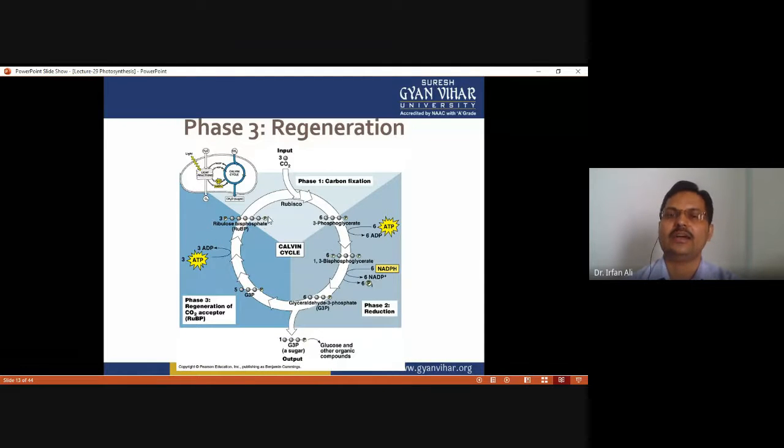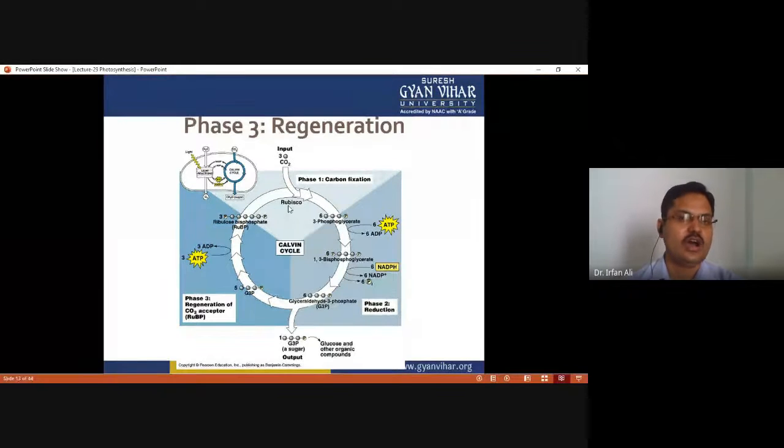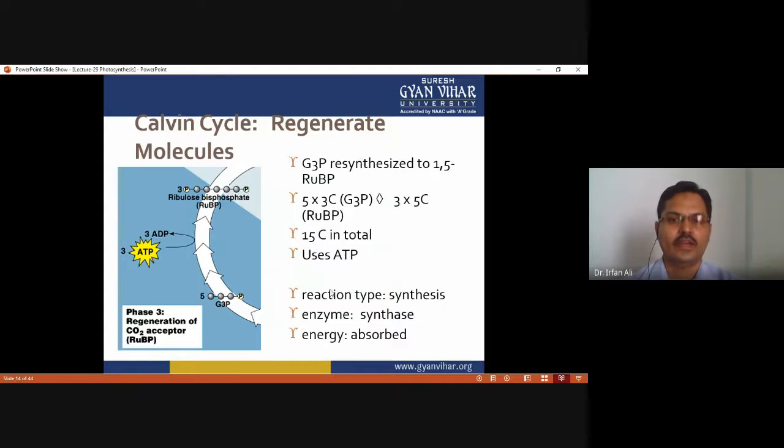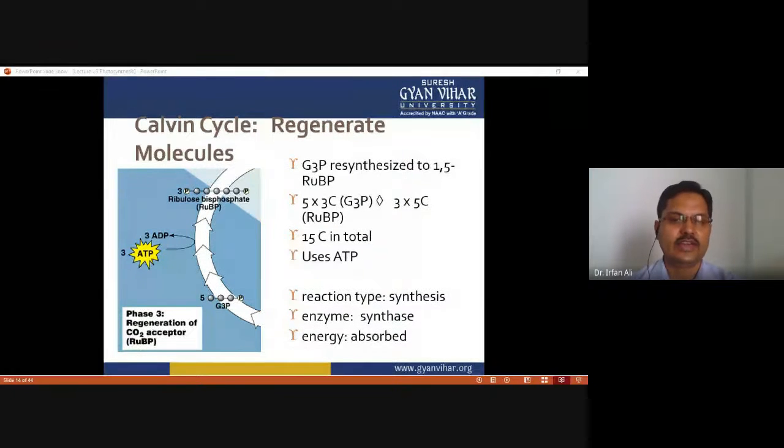Okay, and by the use of enzyme Rubisco, the cycle continues and it can again produce the 3-phosphoglycerate. Okay, so this is all about the Calvin cycle. So what happened at this step?